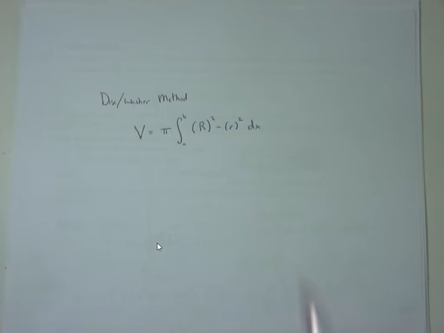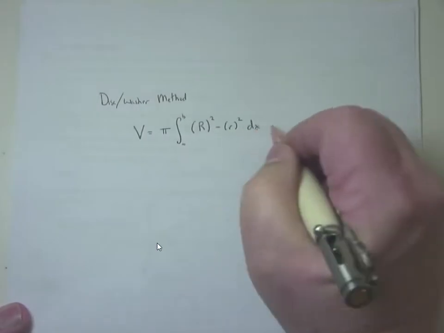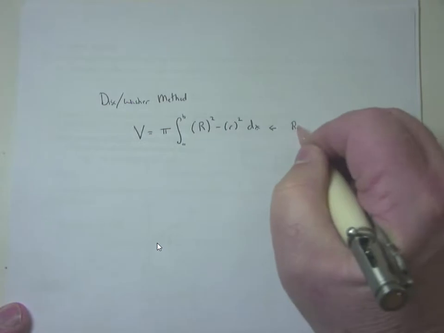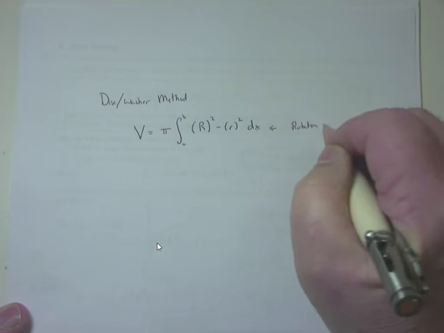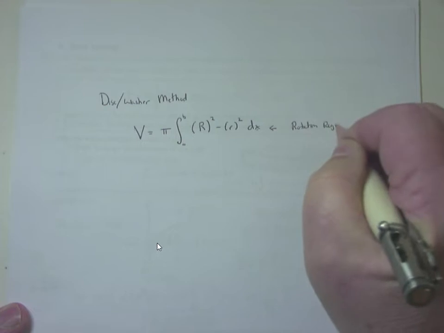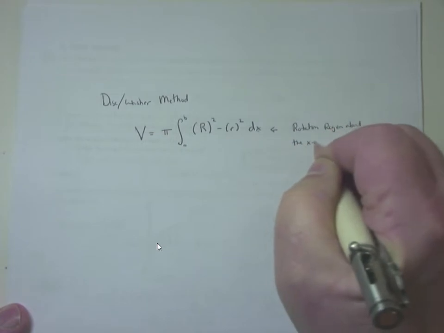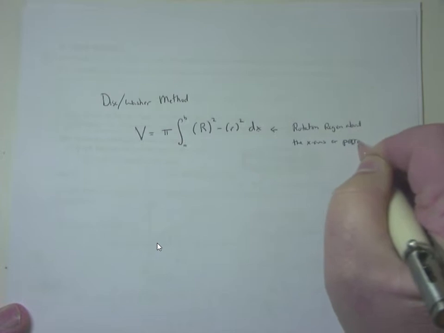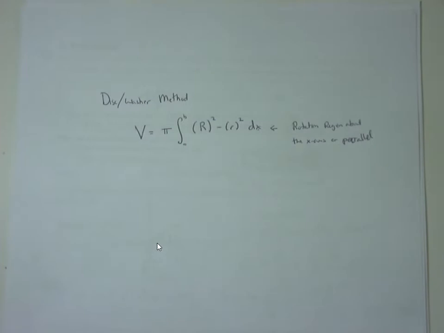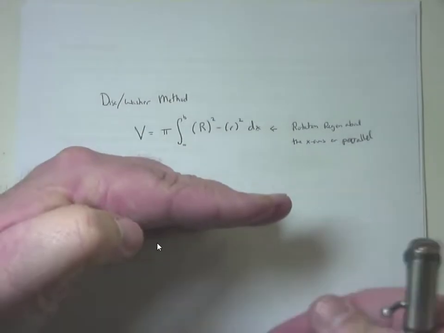Since this is the disk washer formula, with that dx right here, this formula is going to be rotating the region about the x-axis or parallel to the x-axis. It's either going to be going around the x-axis or parallel. So it's going to be rotating it this direction.